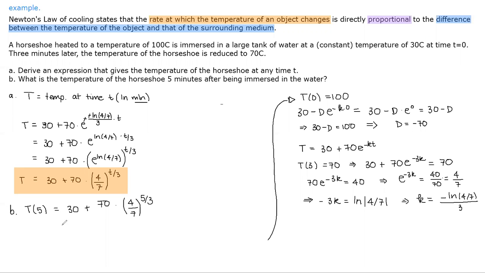By plugging this in your calculator, you will get a result that will be approximately 57.54, which means that after 5 minutes, the temperature of the horseshoe will be 57.54 degrees Celsius.